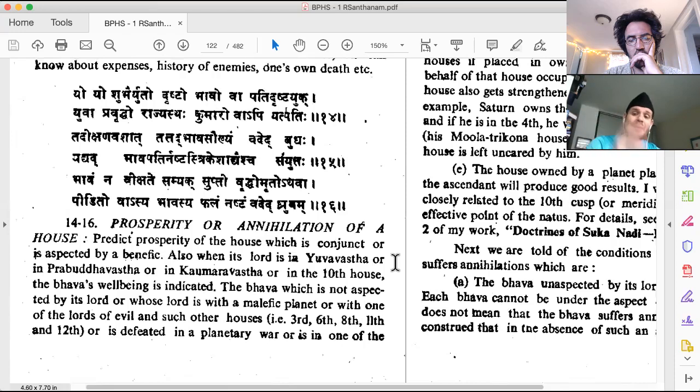But the 11th and the 3rd are Trishadayas in that they destroy combinations for greatness. It doesn't have to do with health, debts as in money, or death as in dying. It just has to do with interfering with your possibility of becoming great in life.